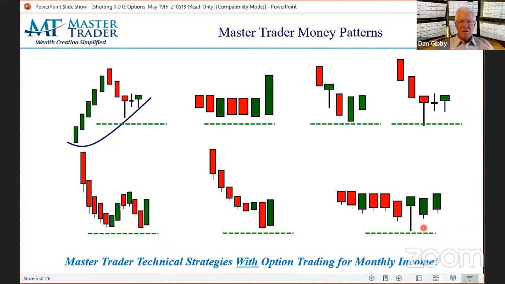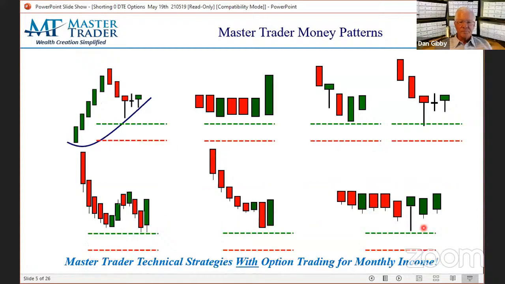We are waiting for a bullish intraday reversal. And the cues today, we'll show you when we turn over to real charts, which we do in every session. We just want the confidence to say that looks like a low for the day. And then we sell an out of the money put.